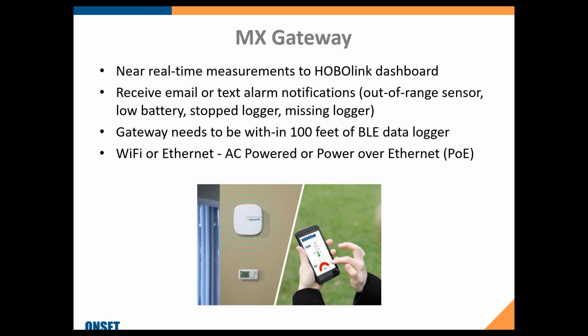And then you can even make that public. So if you wanted to provide a customer or someone in your organization with access to that dashboard, but you don't want to give up that administrative access, you can enable a public URL and just provide that to them. Like the app, the gateway needs to be within about 100 feet clear line of sight of the loggers.